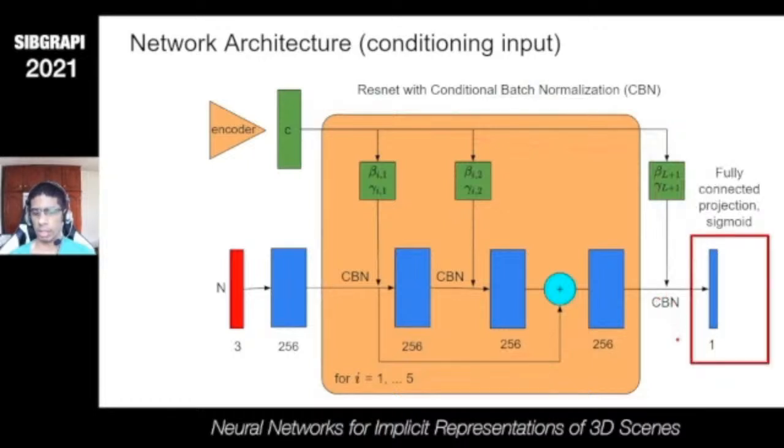And then in the end, you have a fully connected projection followed by a sigmoid. So you can have an output that has size 1 for each of the input points, and also is a probability from 0 to 1 since you are applying sigmoid.